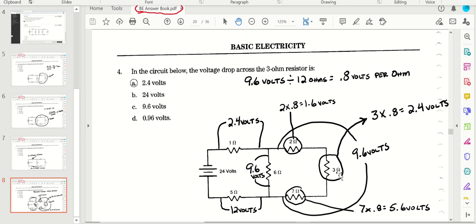The voltage drop across the 3 ohm resistor is 3 times 0.8, or 2.4 volts, which ended up being our answer because that was the question, the 3 ohm. And of course, the 7 ohm resistor is 7 times 0.8, or 5.6 volts. And again, if you add these totals up, 1.6 plus 2.4 is 4 volts, and 4 volts plus 5.6 is our 9.6. So that is our total voltage drop.